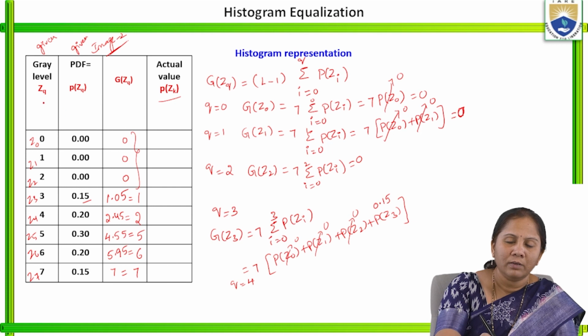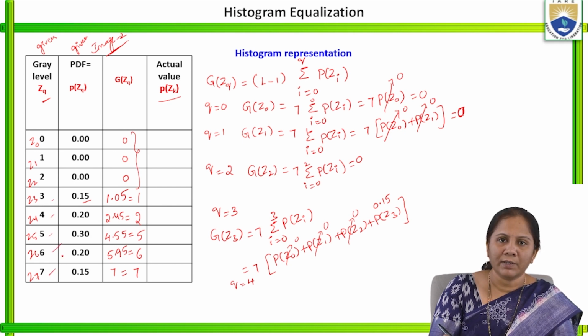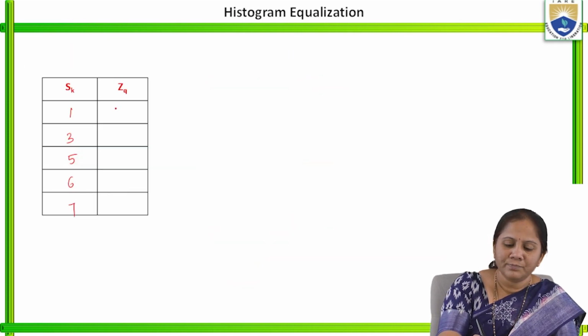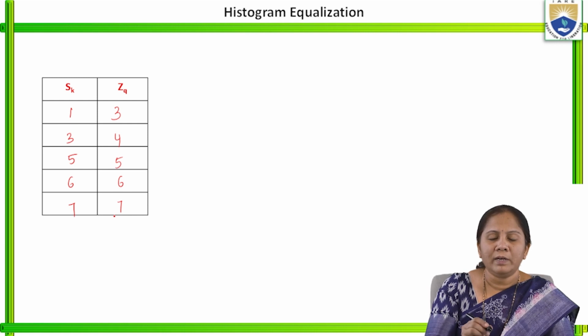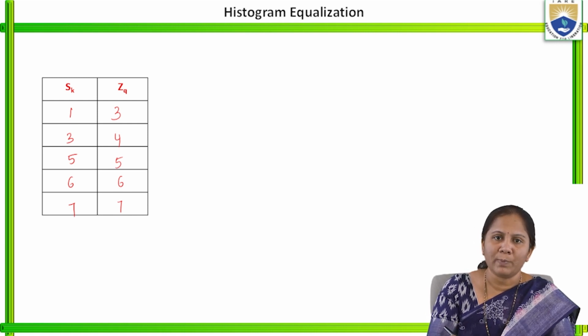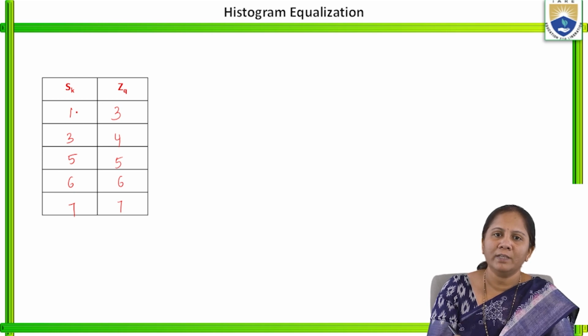So here we have to enter ZQ values. So for all these, what are the values here? 3, 4, 5, 6, 7. So here, 3, 4, 5, 6, 7.